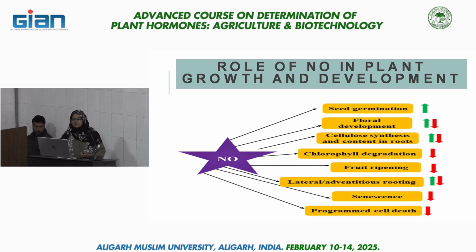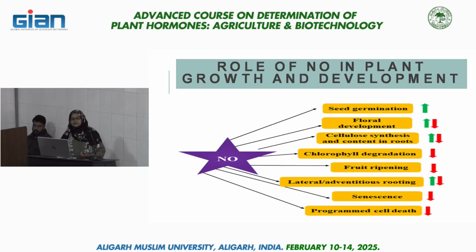Similarly, for flowering and reproductive development, NO plays a role in flower transition and pollen tube growth, and it regulates anther dehiscence, ovule fertilization and seed set. Besides this, in photosynthesis and chlorophyll synthesis, NO enhances photosynthetic efficiency by regulating chlorophyll biosynthesis and the electron transport chain, and it also protects the photosynthetic apparatus under stress conditions.